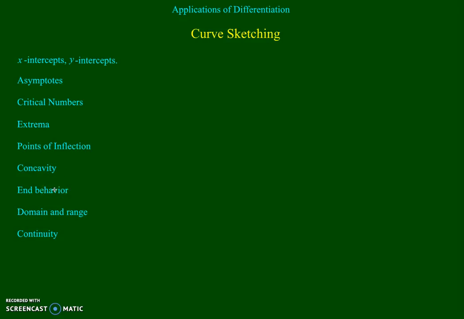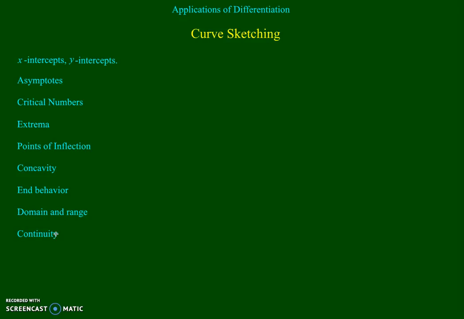What is the function doing at its extreme ends, left and right? And the domain and range of a function. Where is the function actually defined? And continuity. Are there any breaks in the function? Are there any particular values which cause issues at specific points inside the function?